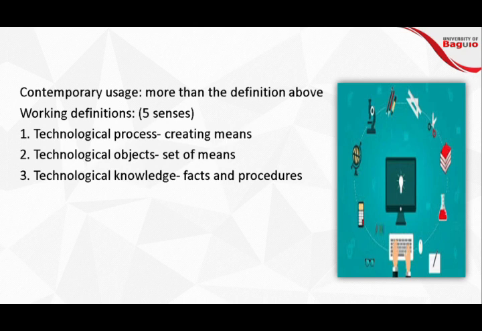So in the technological process, it is mentioned that it is the transformation of how we transform the matter, the energy, and the information, and come up with certain valued ends.